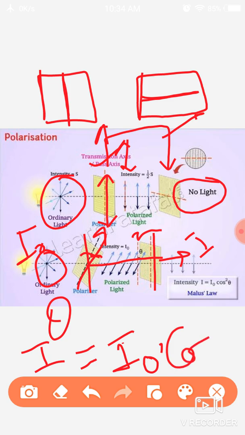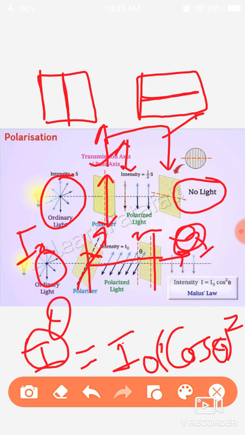Here our angle is theta, so cos of theta, squared. So I = I0 cos²θ. This is the intensity observed here, and I0 is the initial intensity of non-polarized, or ordinary, light.